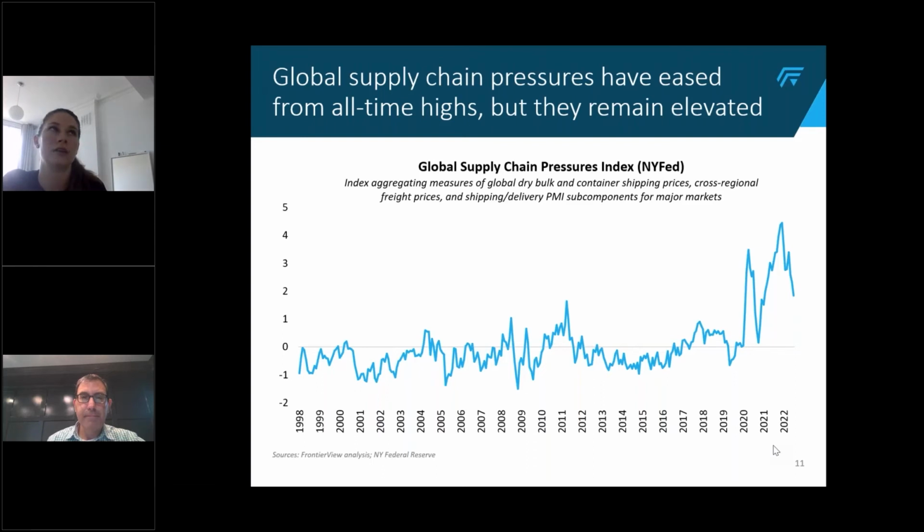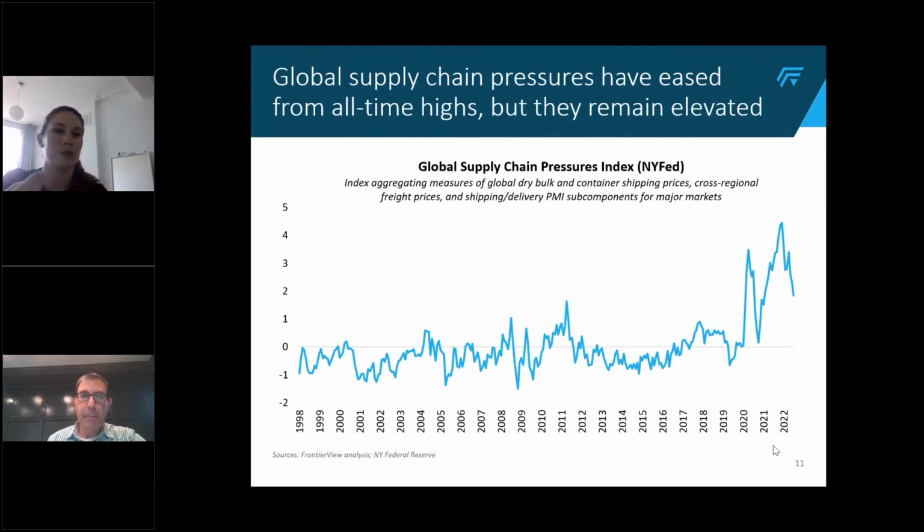You see that downward trend and perception of easing pressures quite a bit in business surveys, particularly purchasing managers indices, basically surveys of purchasing managers in major manufacturing centers around the world, which report that supply chain pressures seem to be easing. That's helping to take some of the pressure out of input costs in general.